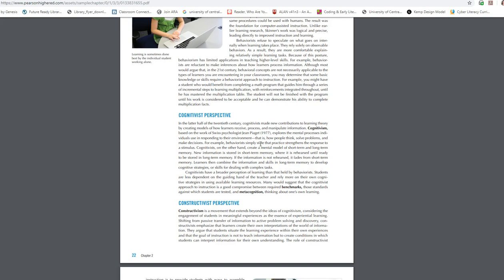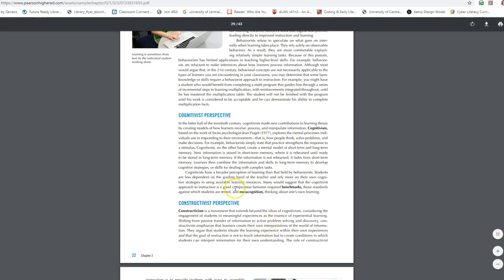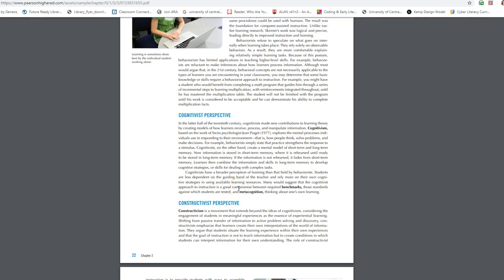And cognitivists don't think that the students are as dependent on the teacher, but they rely more on their own cognitive strategies when using learning resources. So some have said that it's a good compromise between required benchmarks, those standards that students are all tested on at the same time, and metacognition, which is thinking about one's own learning.